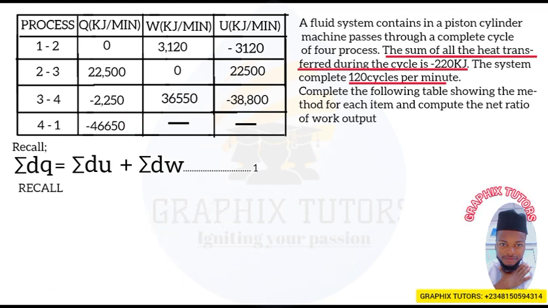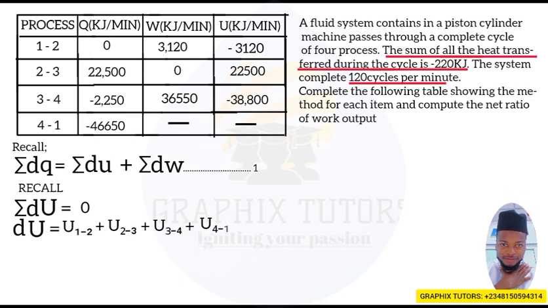Now recall, the summation of the total internal energy in the system is equals to 0. So we're completing the cycle here. So we say that the summation of the internal energy, du, is equals to the internal energy from process 1 to 2 plus internal energy from process 2 to 3 plus internal energy from process 3 to 4 plus the internal energy from process 4 to 1, right?